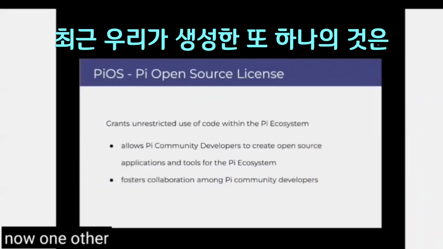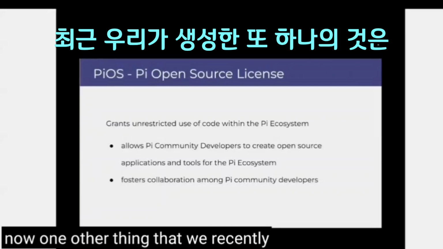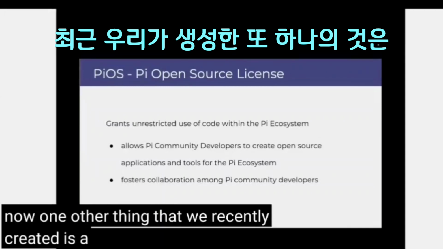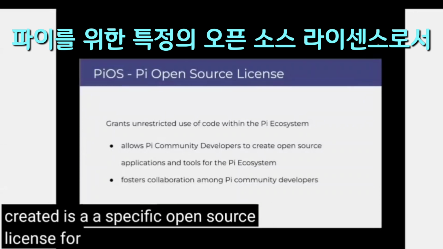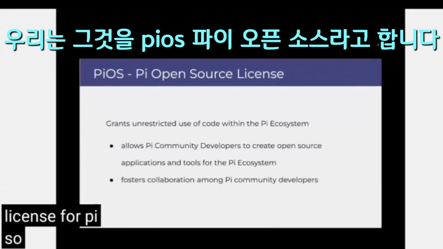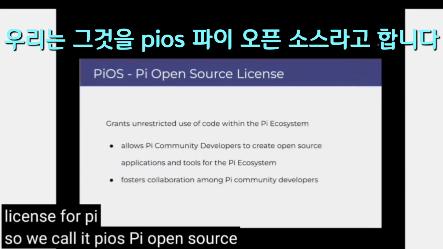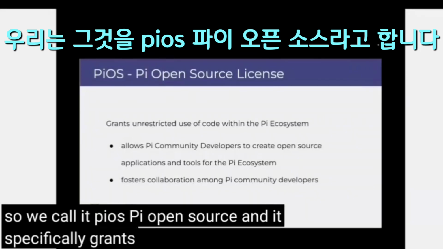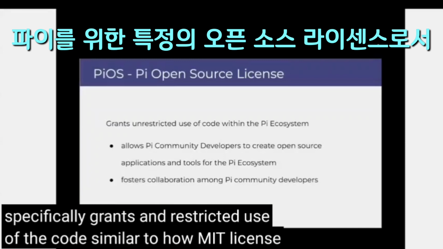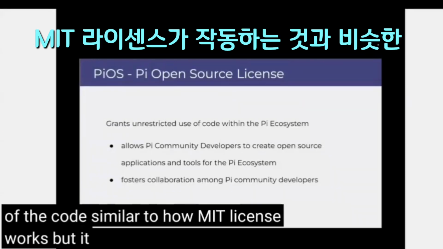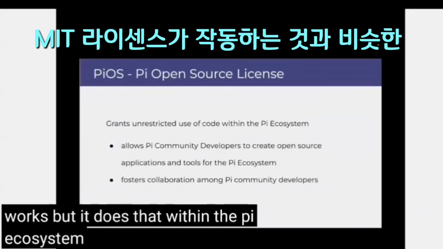Now, one other thing that we recently created is a specific open source license for Pi. So we call it Pi OS, Pi open source, and it specifically grants unrestricted use of the code, similar to how the MIT license works, but it does that within the Pi ecosystem.